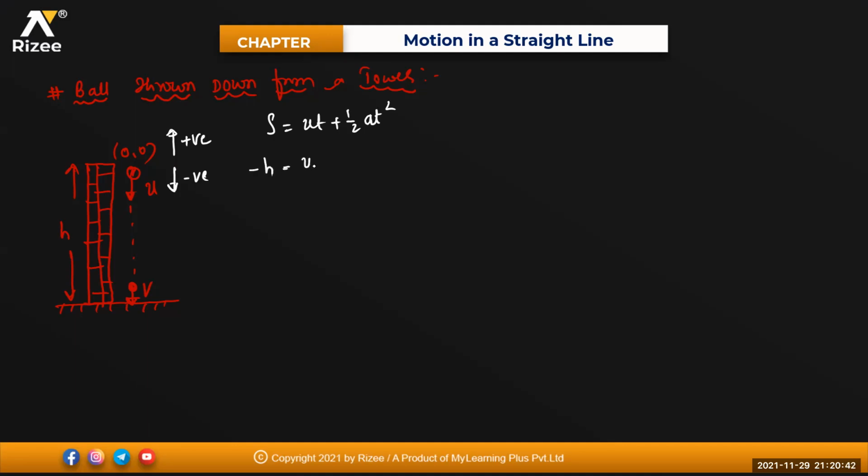This is equal to u into t plus half into acceleration due to gravity, which is minus g, into t square. The u value will become negative. So this is minus h is equal to minus ut minus half into g into t square. So everything is minus, this minus will get cancelled.